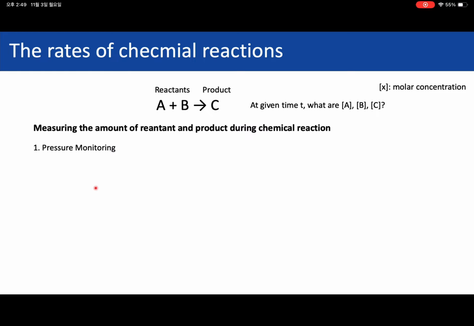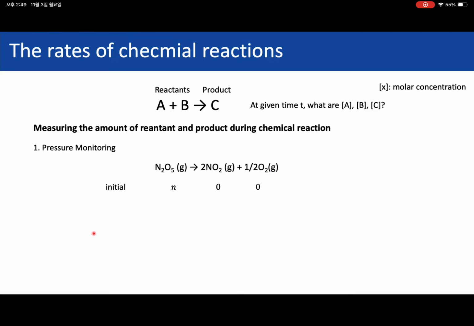This method is useful if the phases of the reactant and the product are both gas. Let's take the example of N2O5 gas, the reaction in which N2O5 gas decomposes into nitrogen dioxide NO2 and oxygen gas O2 molecules.